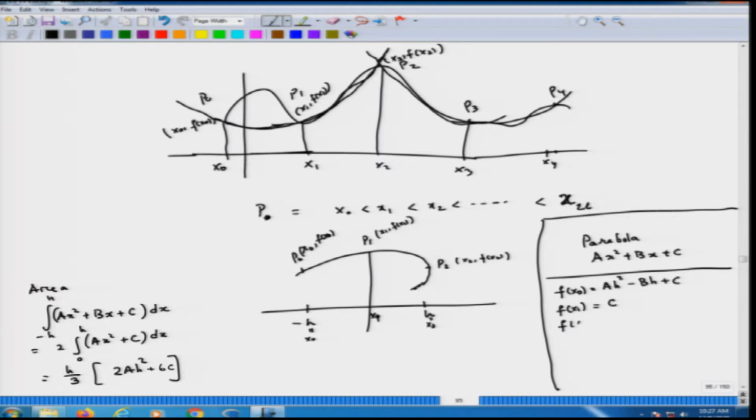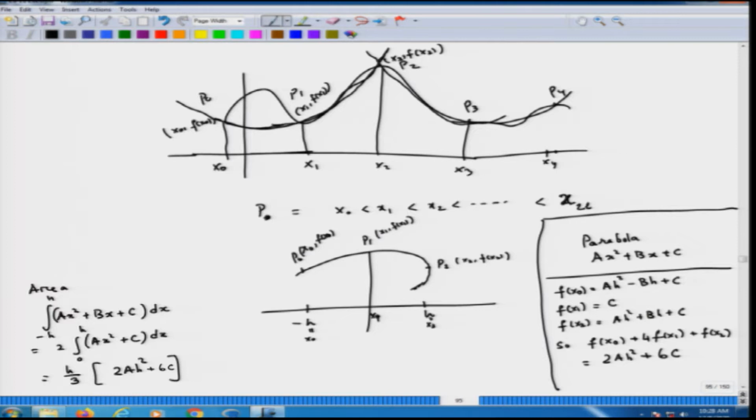Now, f of x 2, where x 2 is h, is a h square plus b h plus c. Now, you can see that f of x naught plus f of x 2 is equal to 2 a h square plus 2 c. So, f of x naught plus 4 times f of x 1 plus f of x 2 is going to be 2 a h square plus 6 c.